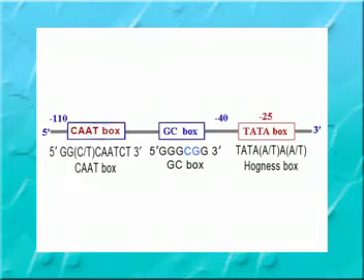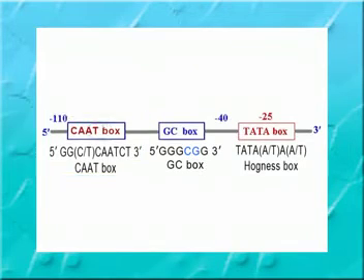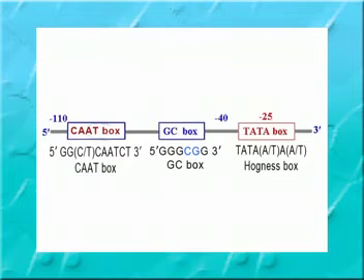The first region, known as the recognition region, is similar to the -35 region of the prokaryotic promoter and is known as the CAAT box. Its consensus sequence is GGCTCAATCT and is present between the position of -70 to -80.